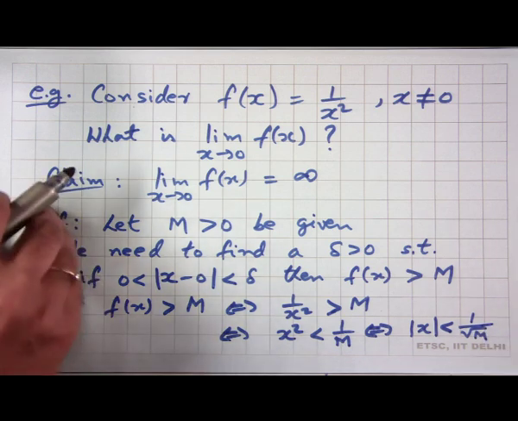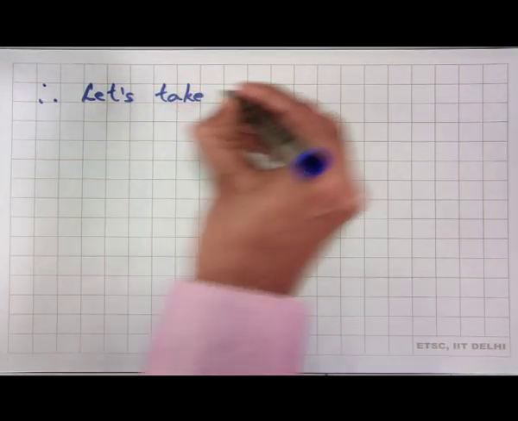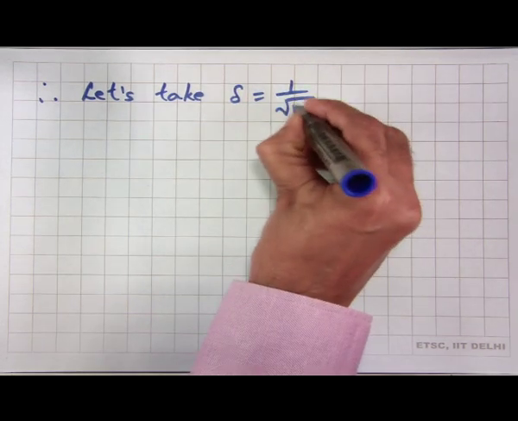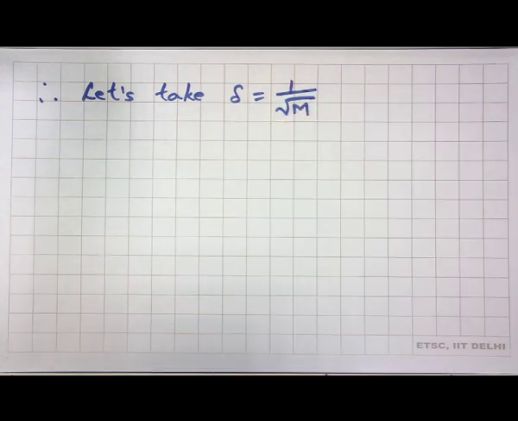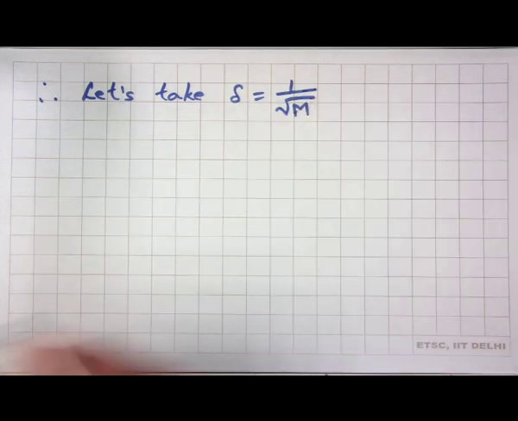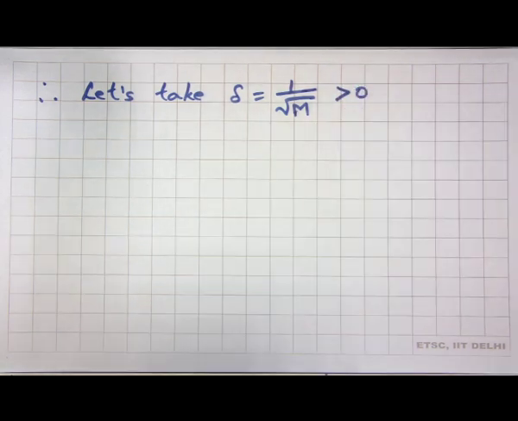Therefore, let us take delta to be equal to 1 by square root of m. Since m is positive, I can take the square root of m, so this is a positive real number.